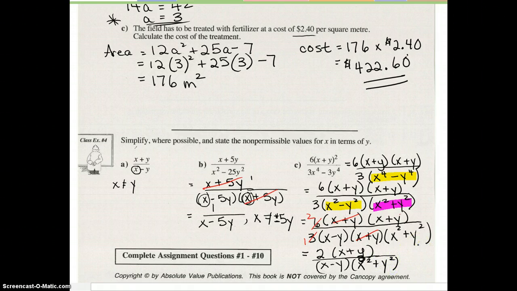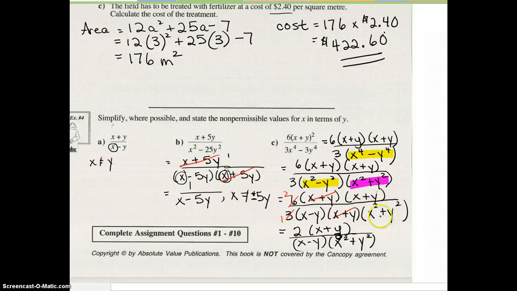Now, the last thing I need to include here is my restrictions. And so what I find is that I look here and x cannot equal y, because if it does, it's going to become 0. But I also noticed that up here I had a plus and a minus in the brackets.